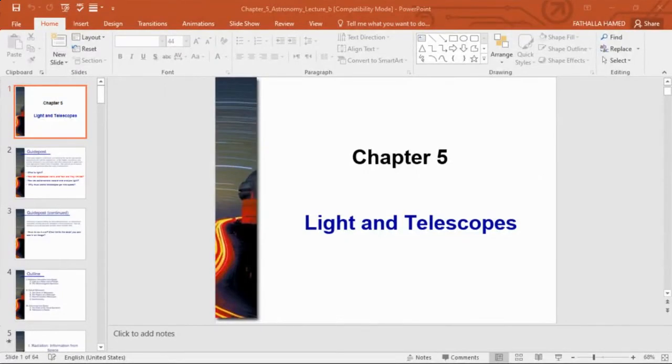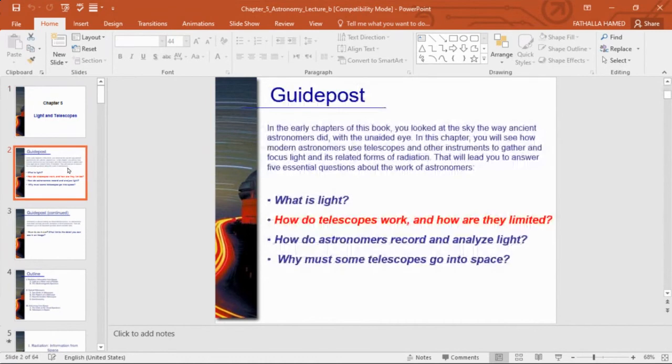So today we're going to start chapter number 5, and we always start the chapter with a guide post. In the early chapters of this book, you looked at the sky the way ancient astronomers did, with the unaided eye.